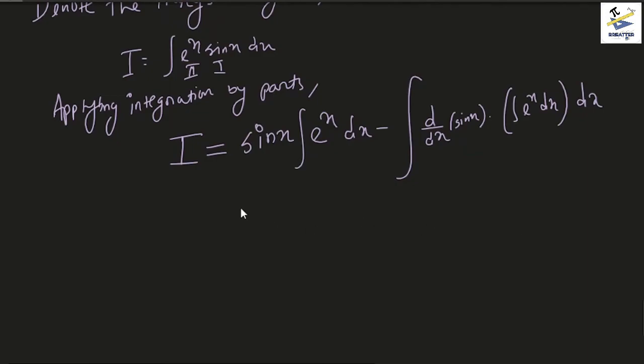So the integral of e to the power x is just e to the power x, so it becomes e to the power x sin x minus, differentiation of sin x is cos x, so the integral of cos x into e to the power x dx.